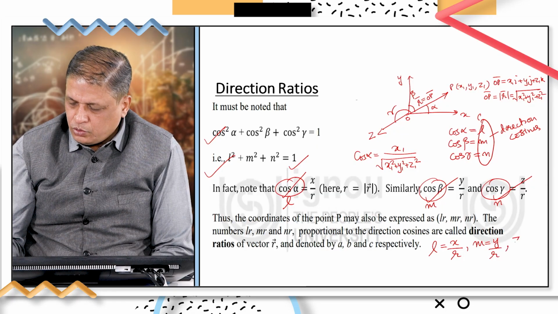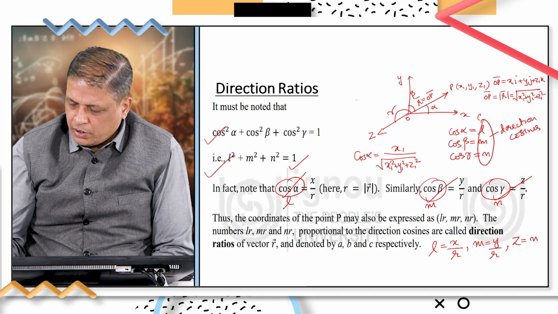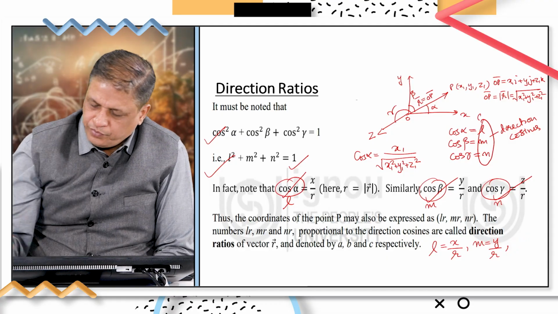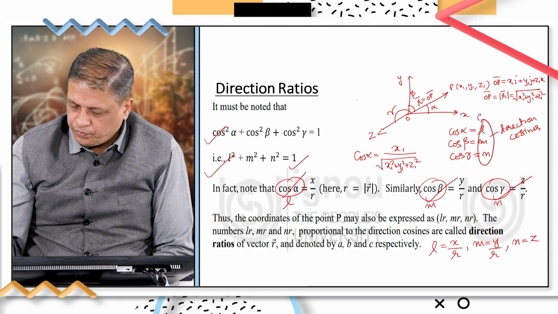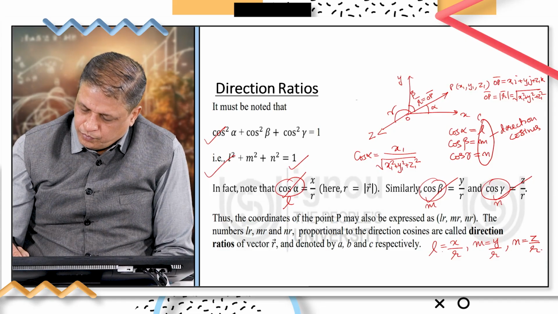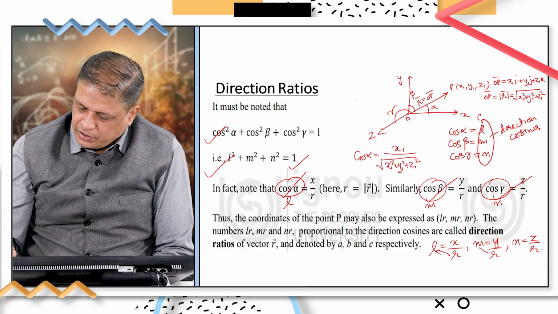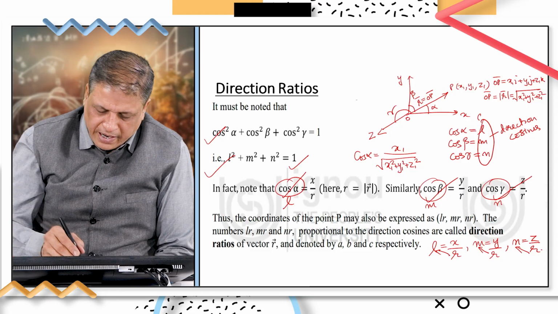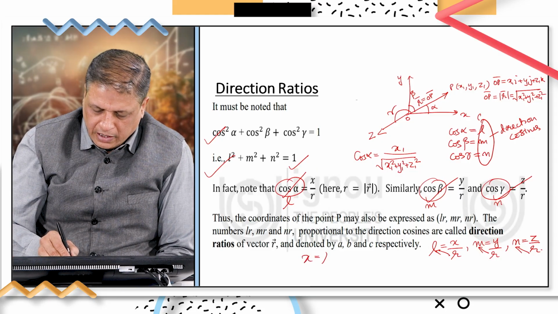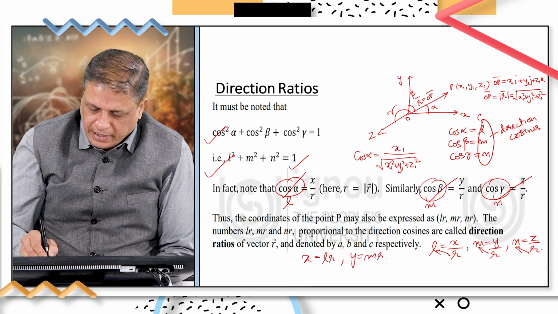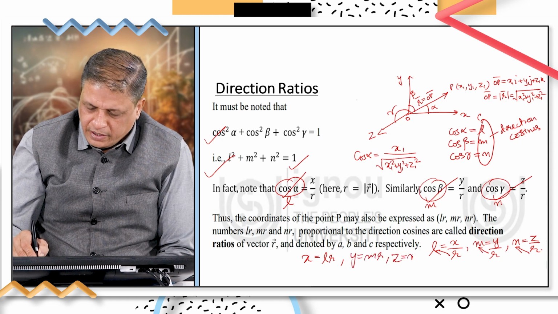and N is equal to z by r. So, simplifying these equations, you can say that x is equal to LR, y is equal to MR, and z is equal to NR.